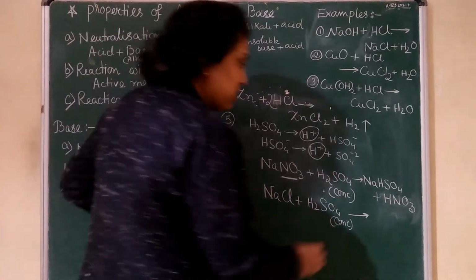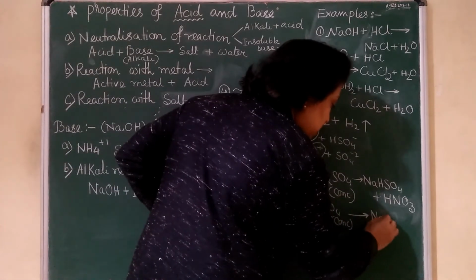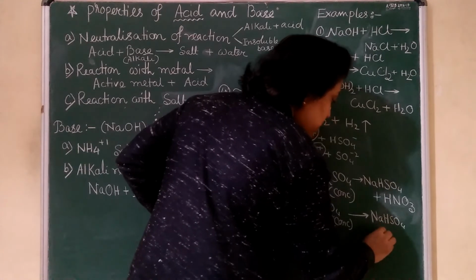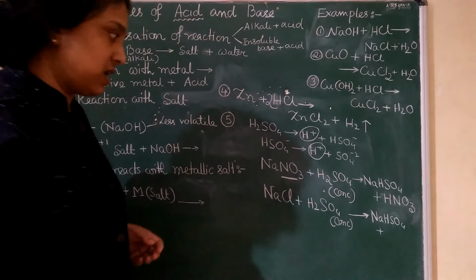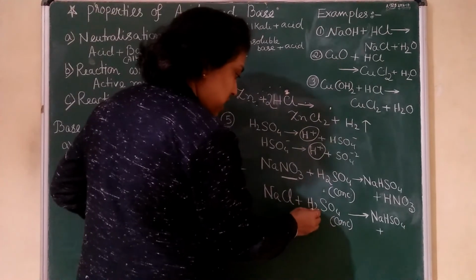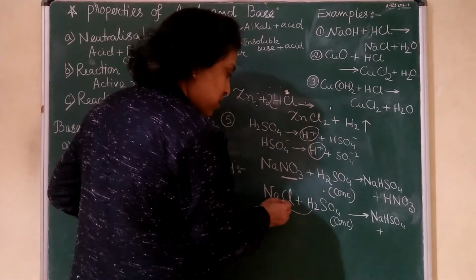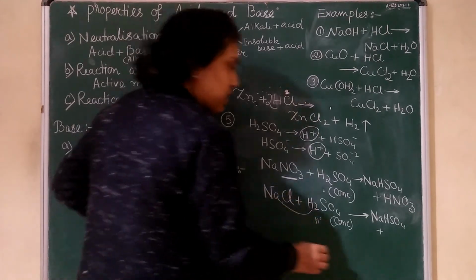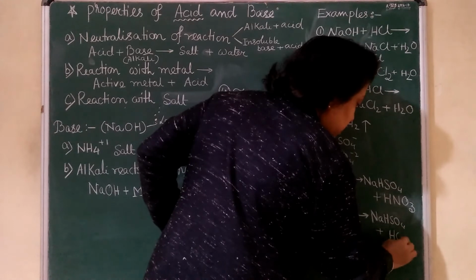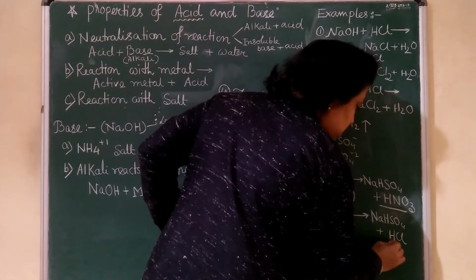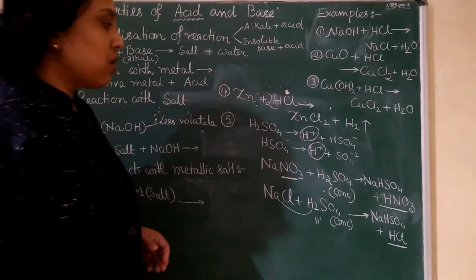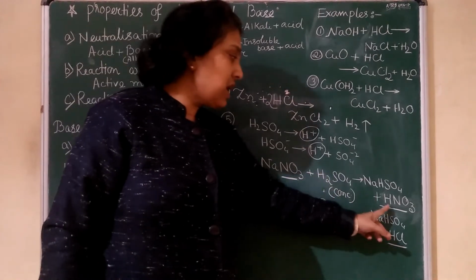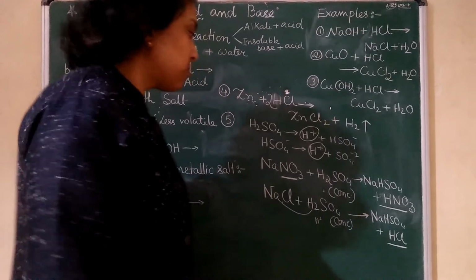So this will give you an acidic salt, that is NaHSO4, plus another acid. Which acid? H1 is joined here, so HSO4. Here only H plus is remaining. So what acid is forming? HCl. Concentrated H2SO4, when we are doing, we are getting a different acid.